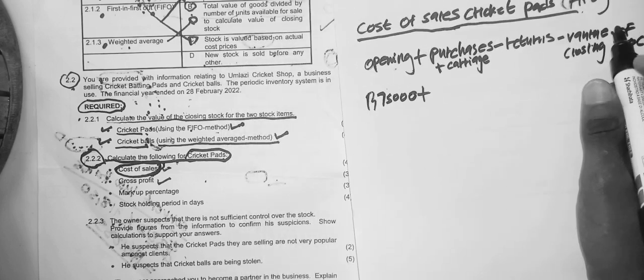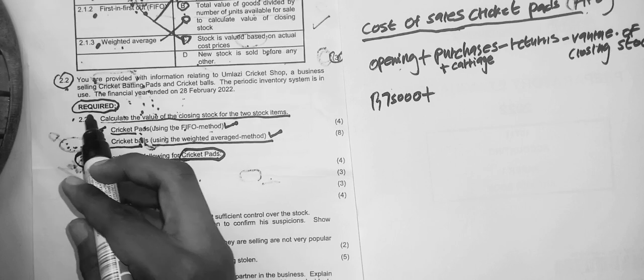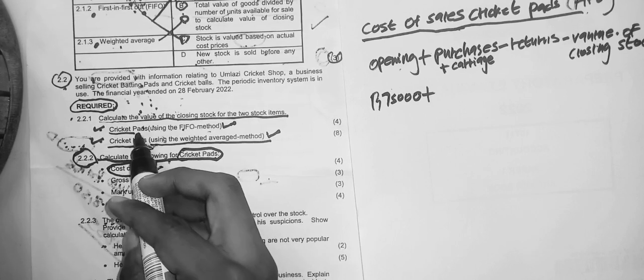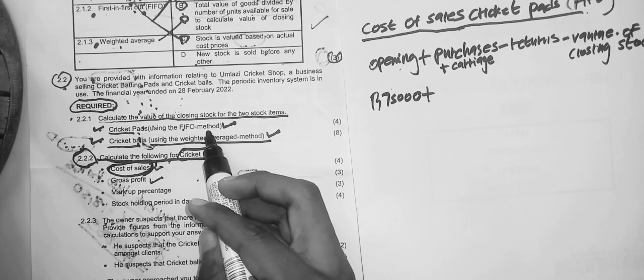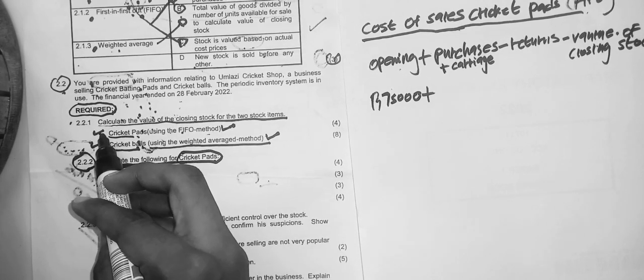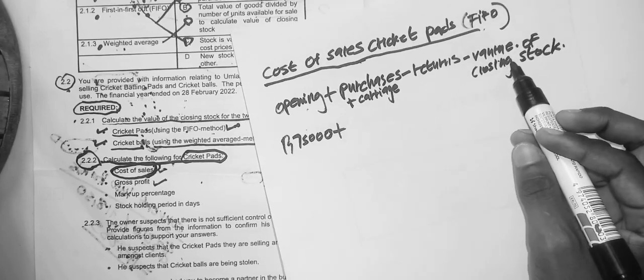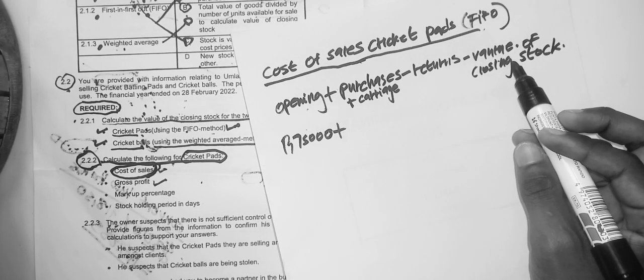Where did we calculate this one? We calculated it on 2.2.1, where they said for cricket pets we must calculate the value using FIFO method. So we want the amount that we got on 2.2.1. That's the amount that we're going to include here as a value of closing stock, right?